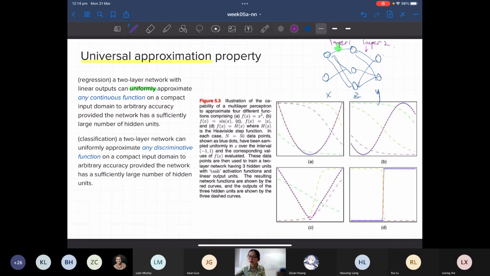Basically, the nonlinearity only exists here in the h function of the last page. It can uniformly approximate any continuous function on a compact input domain. Compact, informally, think of it as R^n, or basically some continuous set that is connected, to arbitrary accuracy, provided the network has a sufficiently large number of hidden units.